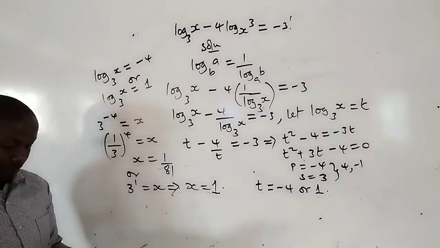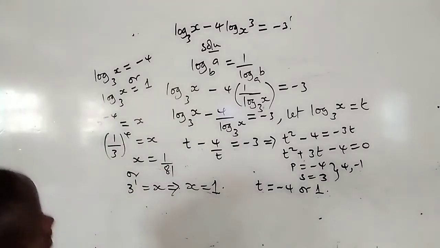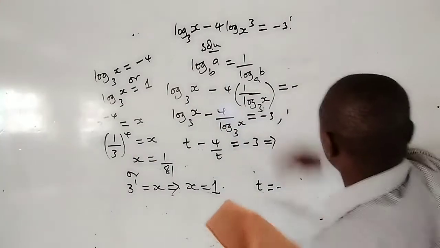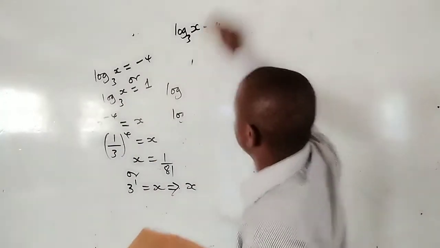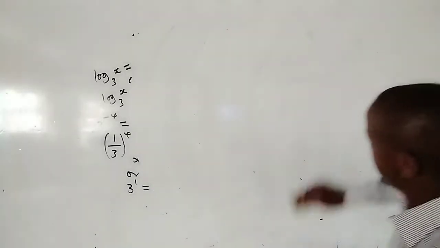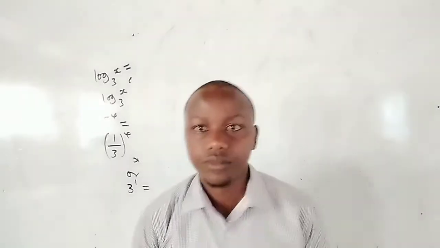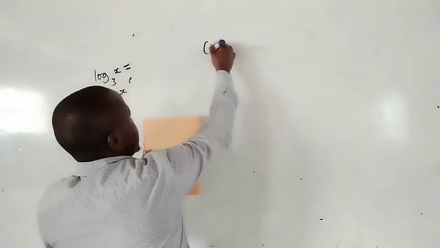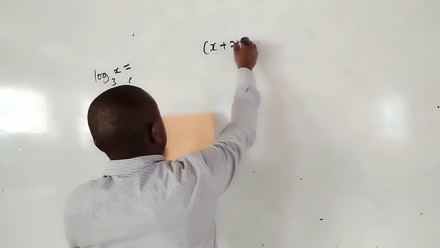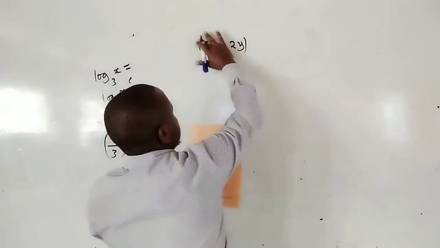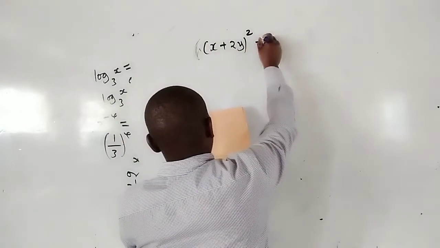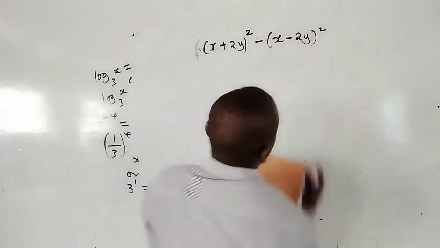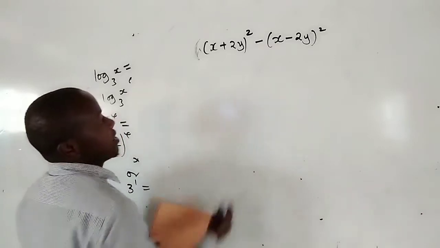Simplify. x plus 2y squared minus x minus 2y also squared. Simplify.